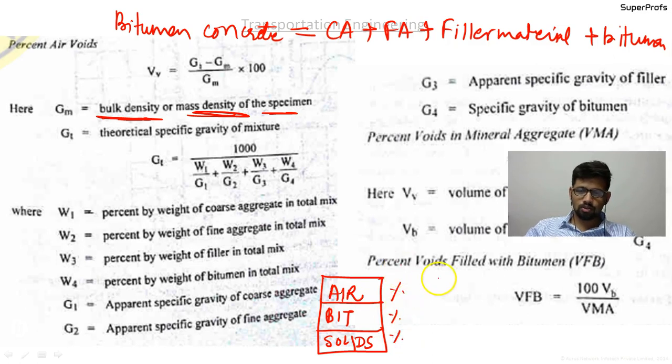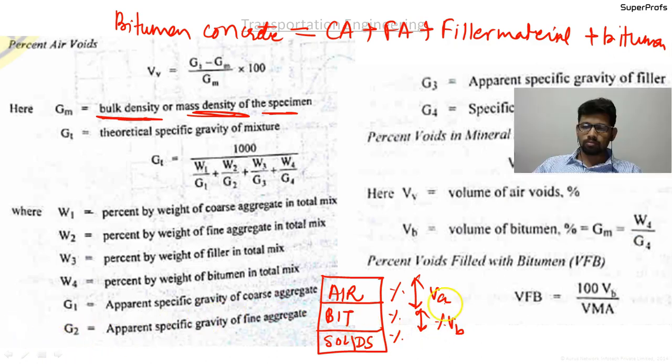This is the percentage air voids, VV, volume of air voids in percentage, as per the convention.